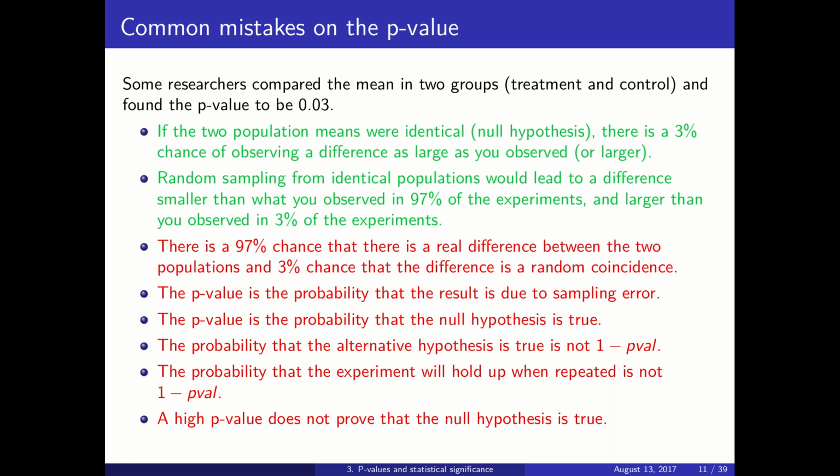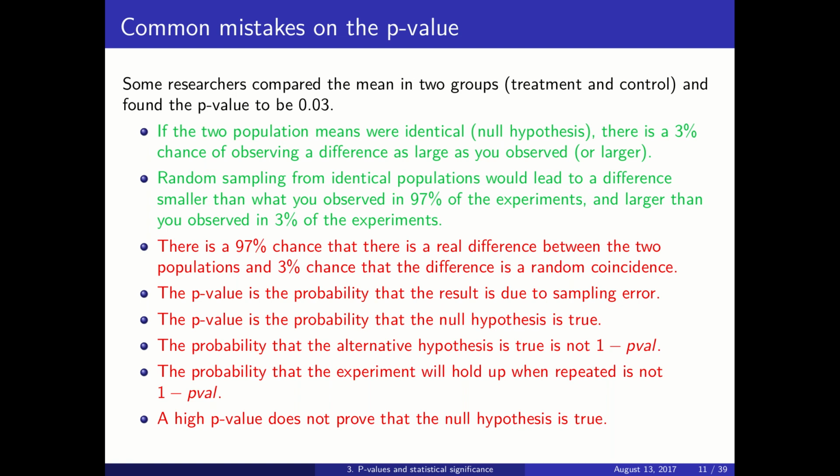Or another way to read that would be: random sampling from identical populations would lead to a difference smaller than what you have observed in 97% of the experiments and larger than that in only 3% of the experiments.